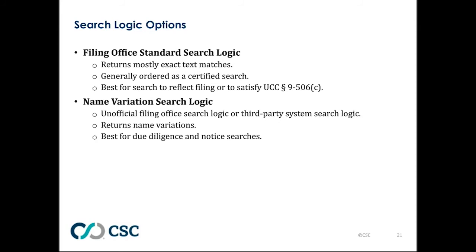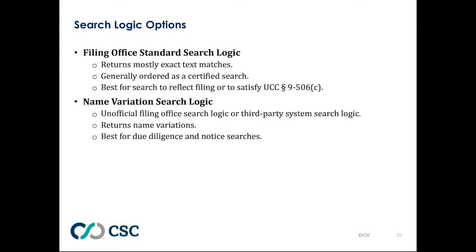These are designed to pick up a wider range of name variations, and this is the type of search logic that is best used on a due diligence search because it'll pick up many indexing errors and name variations that could potentially still be effective and pose some risk for the transaction, but wouldn't be picked up on a standard search. So name variation search is generally the way to go when conducting a due diligence search where people have to rely on the results for decisional purposes.